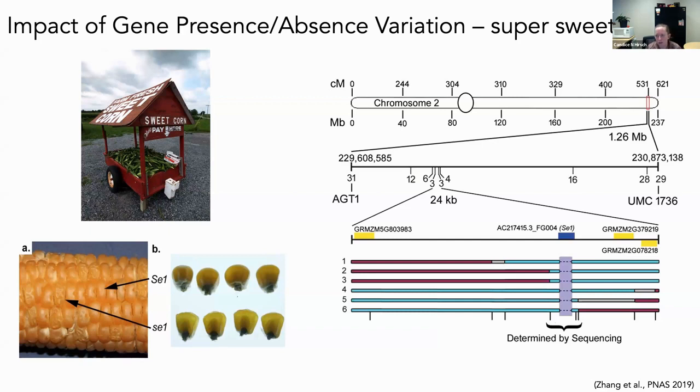If you have it or you don't have it makes you super sweet or not super sweet. That's just one example. There are a lot of examples of these structural variants that are important for aluminum toxicity tolerance, or other types of adaptive and agronomic properties that are important.